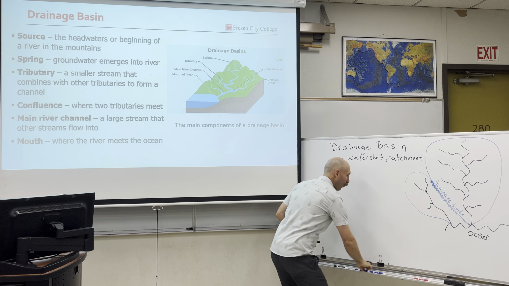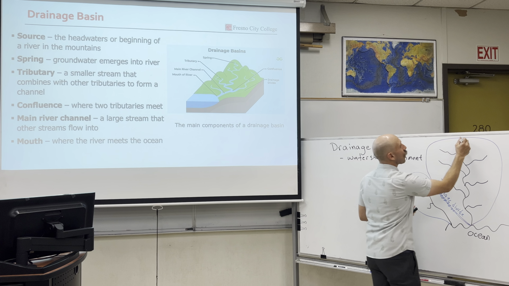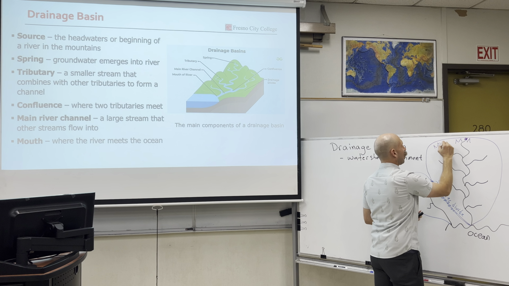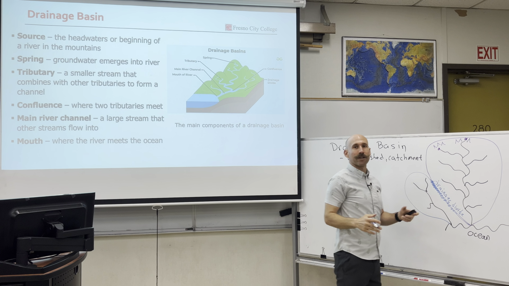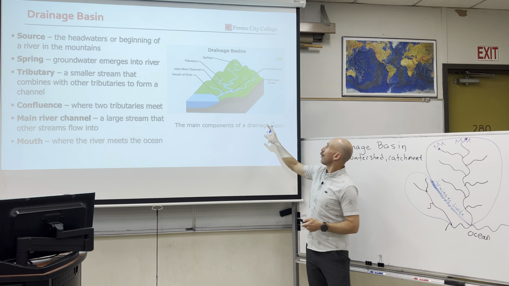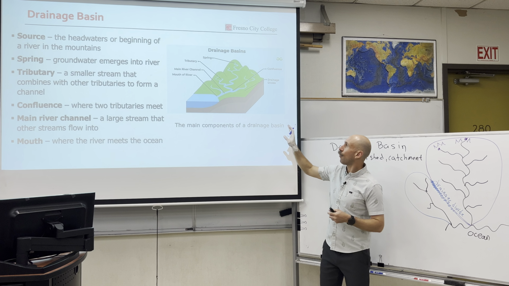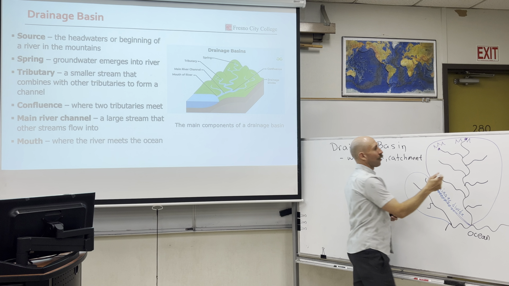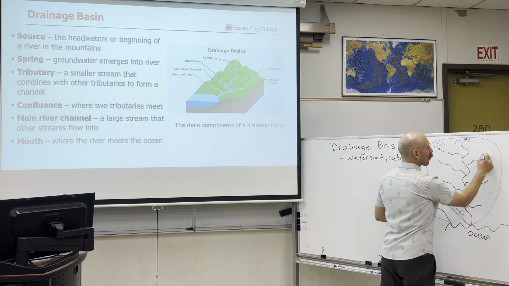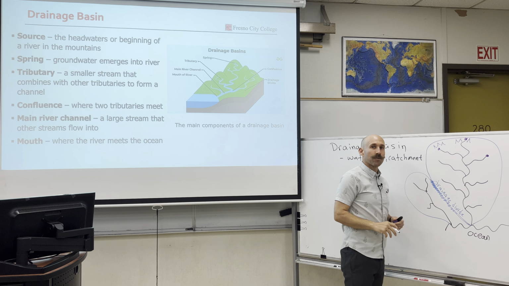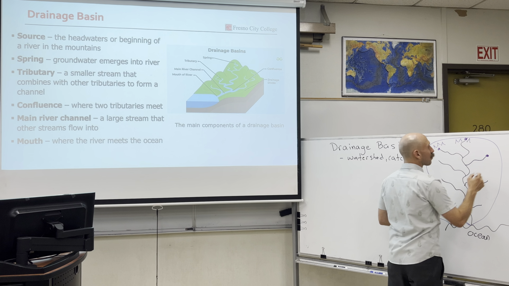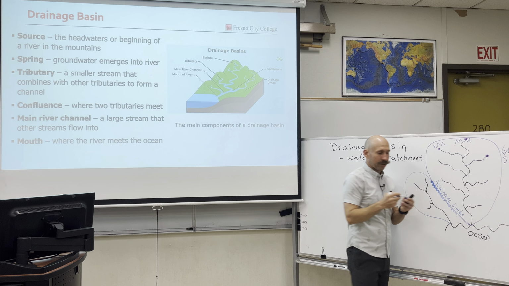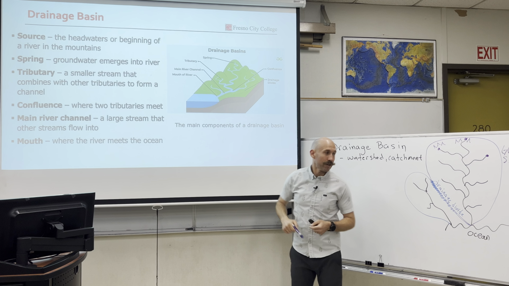So the source, or where the river starts, is going to be up in the mountains, where rain gathers and it collects. We call this, again, the source or the headwaters. Where groundwater intersects with surface water is known as a spring. So that's the groundwater, surface water intersection. Going down the list, we have tributaries.